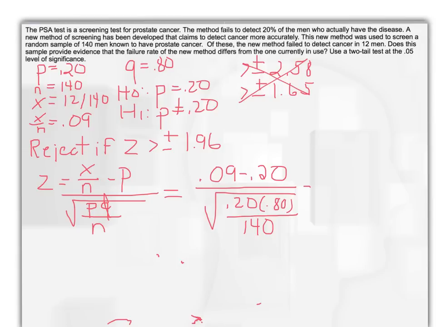This will give us a difference of 11% and an expected difference of 3%.